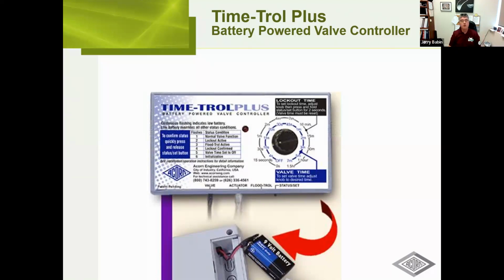So if you really wanted to use a computer and be able to adjust things as you go, then Master-Trol is what you have to go with. If you just basically want to set it and forget it, you can do that with Master-Trol without a computer, but you could also do it less expensively using Time-Trol.